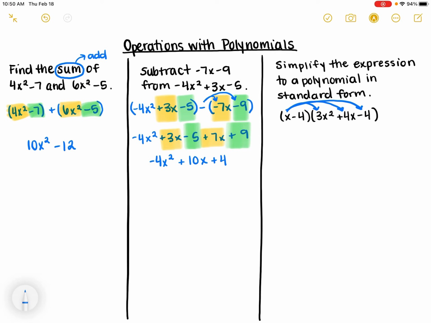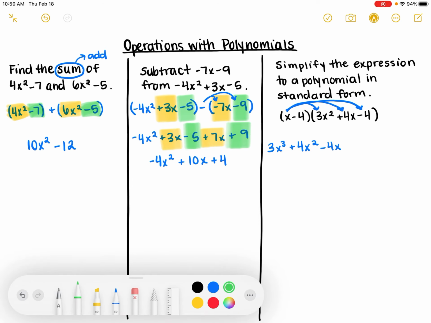First I have x times 3x squared, which is going to give me 3x cubed. Then I have x times 4x, which is going to give me 4x squared. Then I have x times negative 4, which is going to give me minus 4x. And that's my x distributed to all 3 terms.